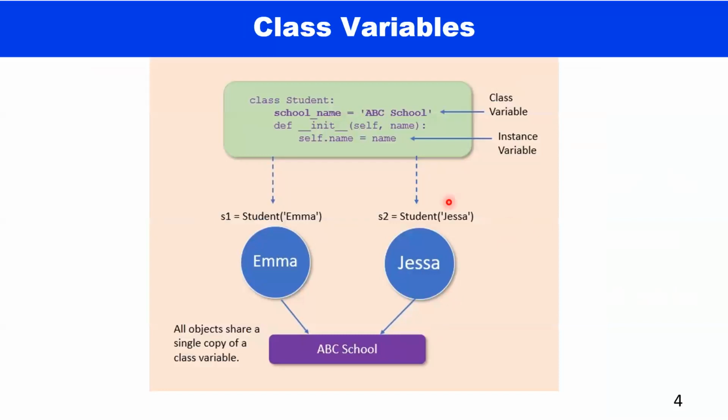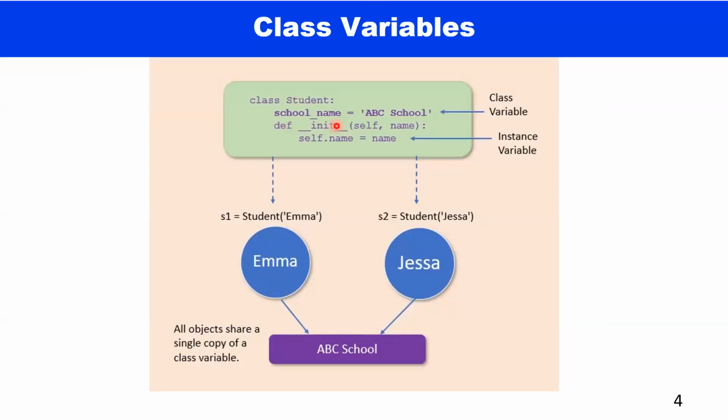Now let us look at the class variable. Unlike an instance variable, which varies from object to object, a class variable is specific to the class. That means all the objects of the same class will have the same value for the class variable. Look at this example, class Student.